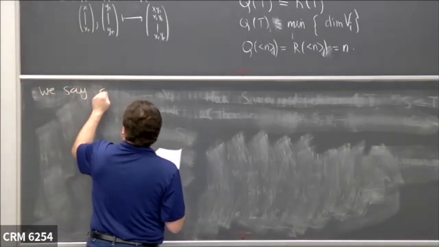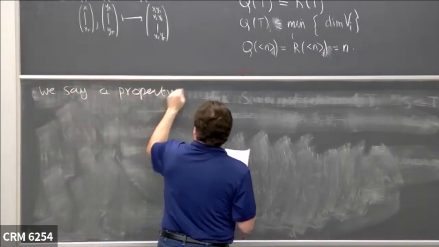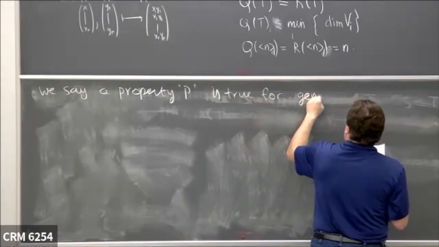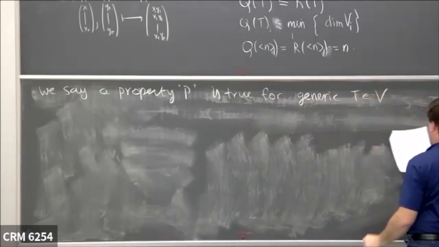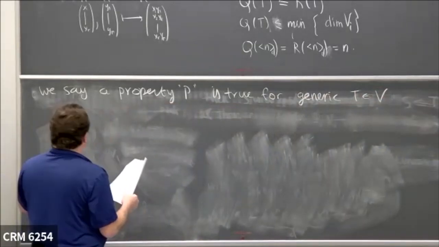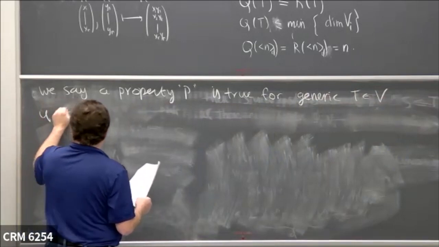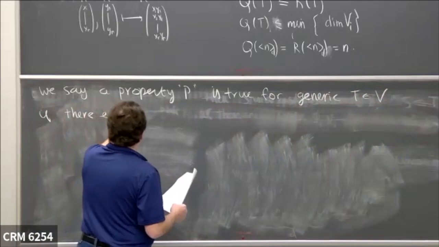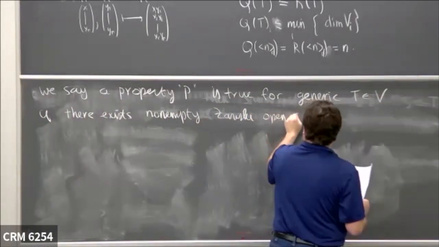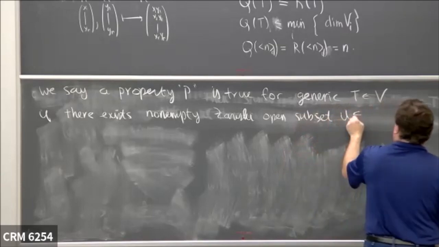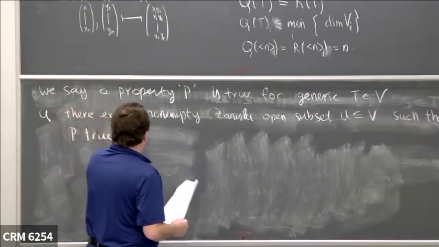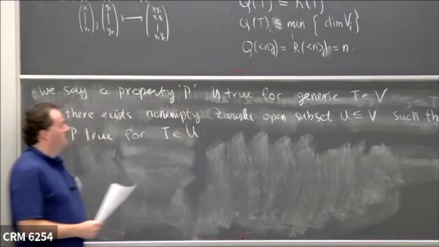We say a property P is true for generic T in V if there exists a non-empty Zariski open subset U such that P is true for T in U. Okay, so that's all.